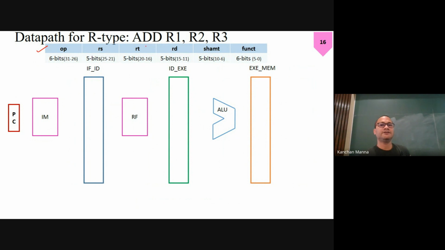We want to execute this instruction in this data path. So first, we have to fetch the instruction. Then what is the step? PC's content would come to the instruction memory.